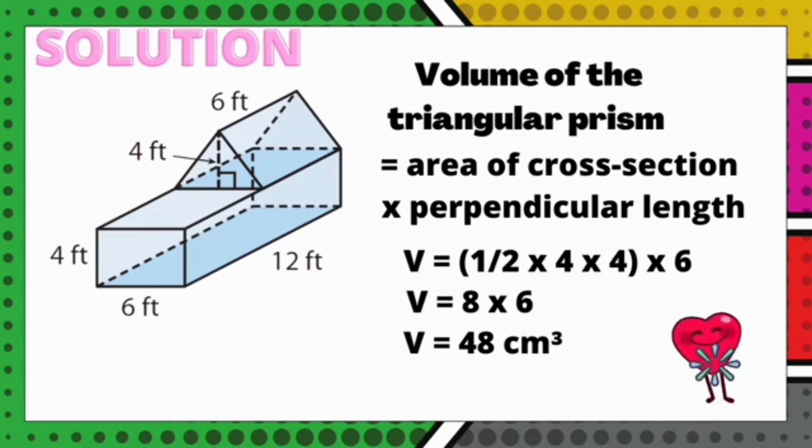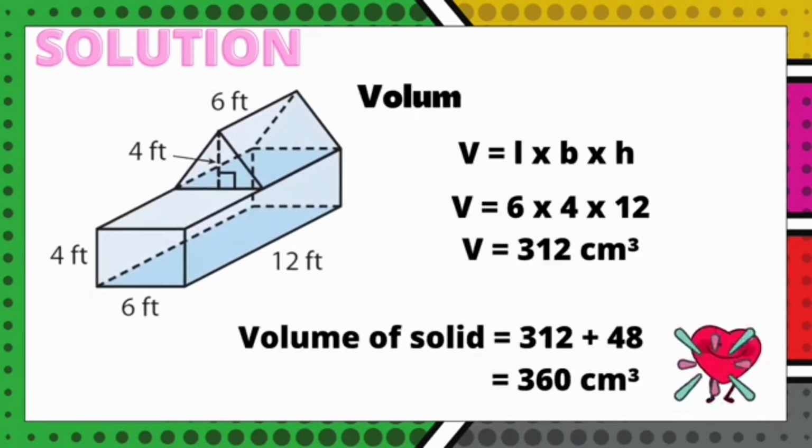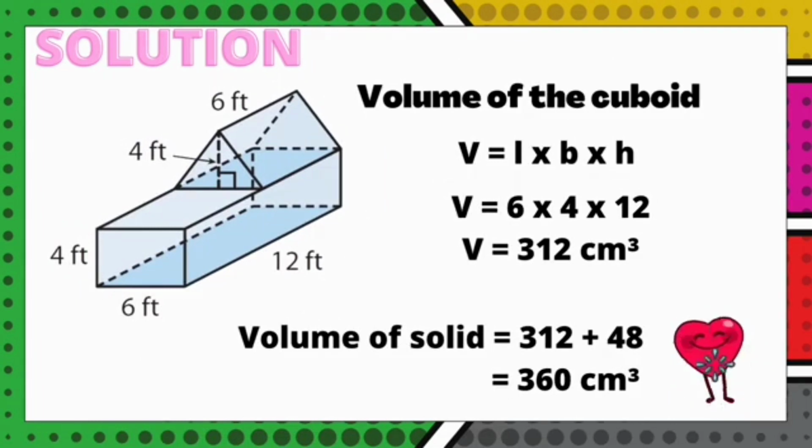The volume of the triangular prism is the cross-sectional area times the length. This is equal to half times the base times the height times the length of the triangular prism. From calculation, the volume of the triangular prism is 48 centimeters cube. The volume of the cuboid is length times breadth times height.